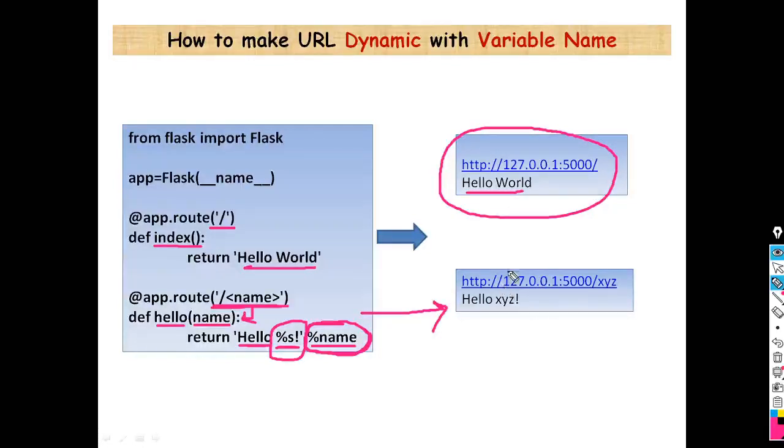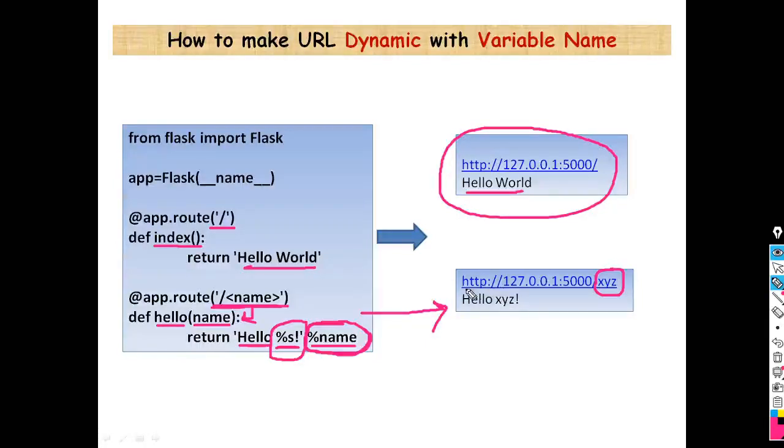So now in this example we have seen our URL is like this because we have called the slash function, only the host part. Here we have to write the content of the variable. So what are the contents of the variable here? We are passing x, y, z.